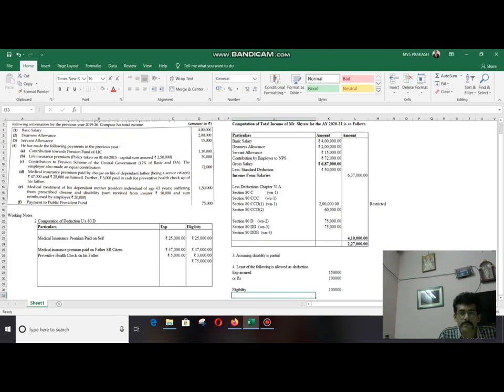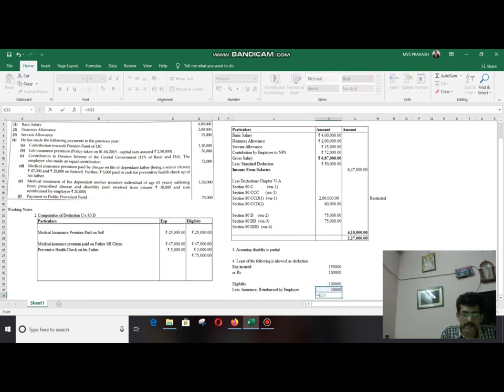But one thing we should remember, as we have discussed when going through 80DDB, whenever you receive any sort of insurance or reimbursement from the employer or insurance company, that amount has to be reduced from your eligible amount. So here, as you are receiving 10,000 from insurance and 20,000 reimbursed by employer, ultimately 10,000 plus 20,000, total 30,000 is what I need to reduce.